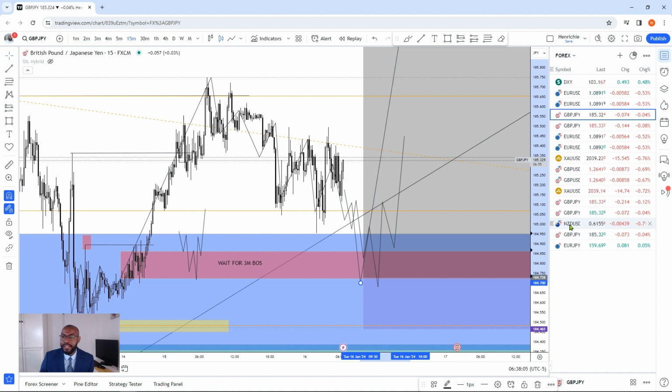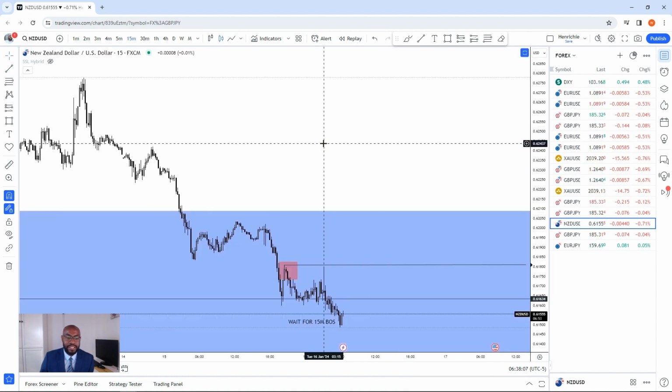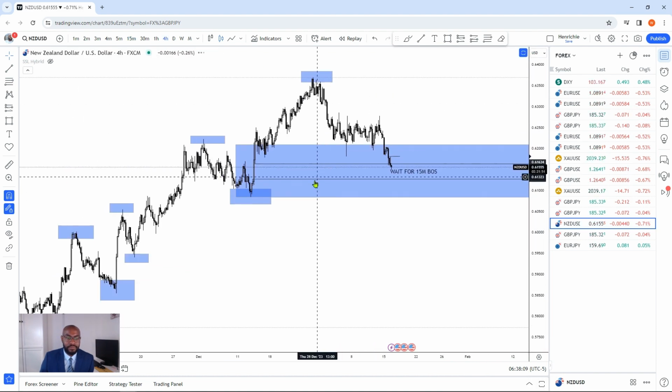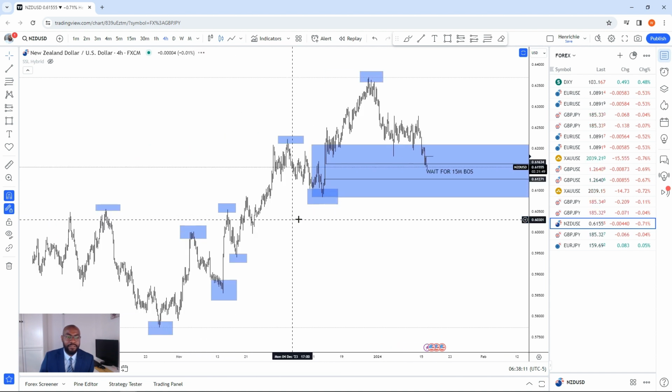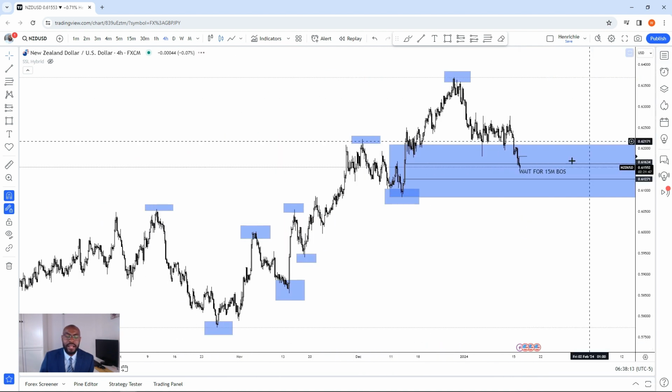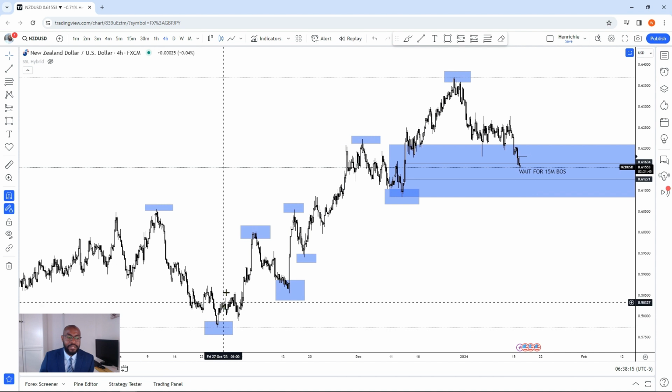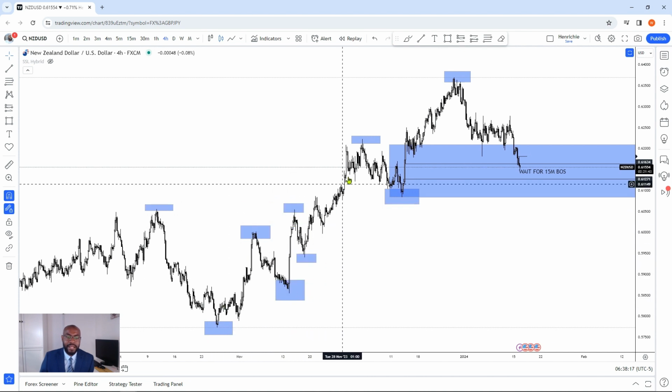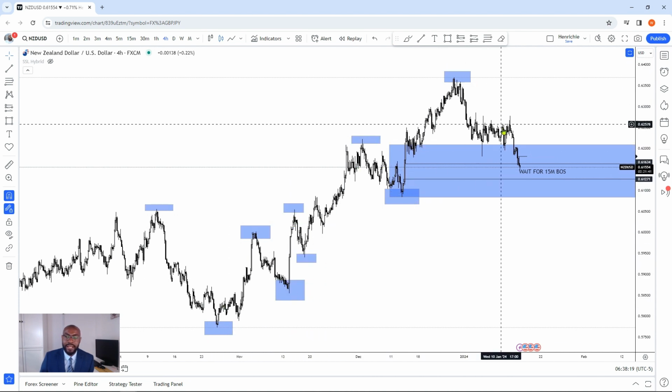And for NZD US dollar, I rarely trade this pair, but right here we'll have this 4-hour inefficiency, and so far you can see that NZD US dollar has been showing us signs that it wants to trend to the upside. So all we wanted to see is price to come in here.